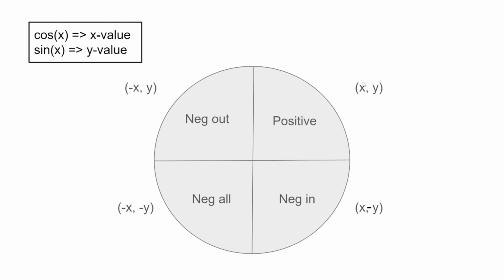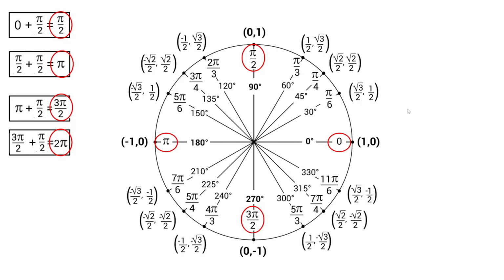When we're talking about the unit circle, people are going to give you a value in terms of degrees or radians, and they're going to ask you what the value is at that angle. They'll say, what is cosine of 0 degrees?